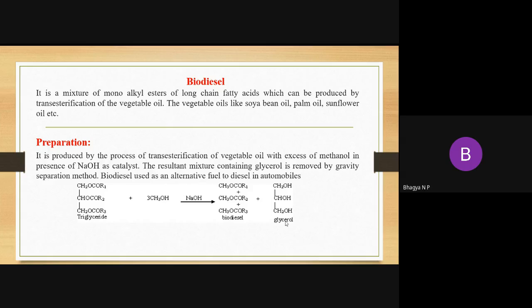Also, glycerol is formed as a byproduct. In this biodiesel equation, you can see R1, R2, and R3. They represent the long chain fatty acids in the vegetable oils. So in that way, we can produce the biodiesel from the vegetable oils.